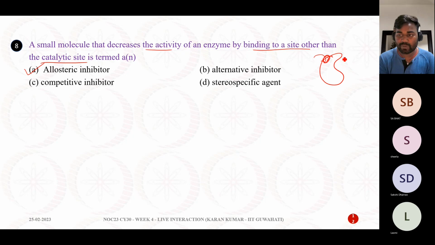That changes the shape of the cavity, and now the substrate can no longer bind to this site. This inhibitor is called the allosteric inhibitor.